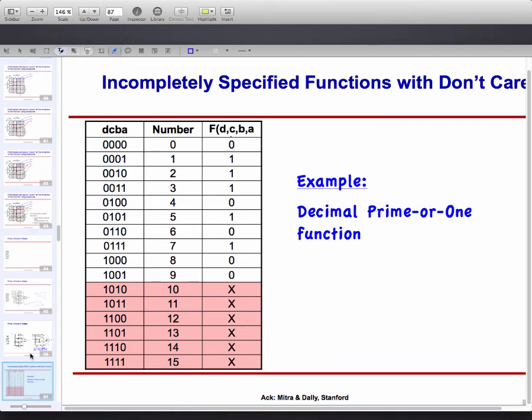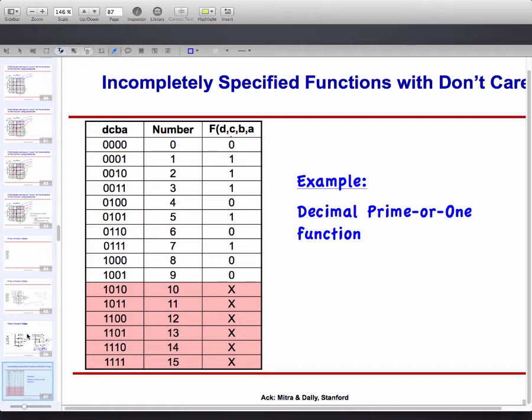Okay, so earlier on we had talked about how sometimes we may have functions where, for some of the inputs, I may not care what the function is. We had that example with the thermostat, where only 3 out of 4 2-bit values of the set temperature were specified, so we didn't care what happened otherwise.